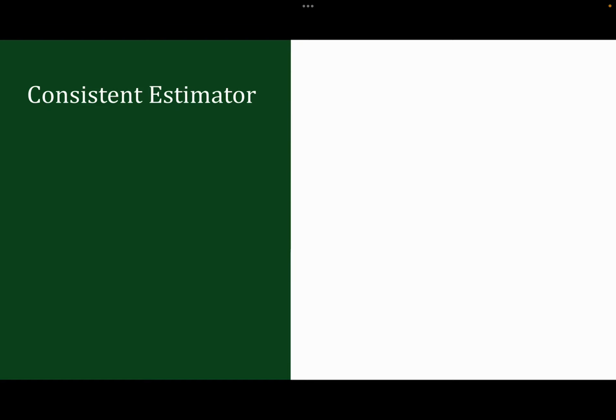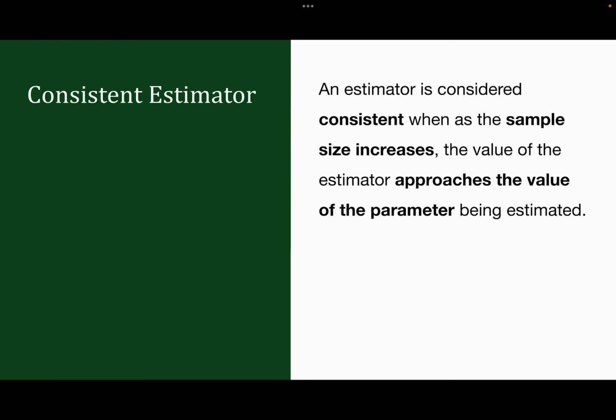The next requirement is that we want our estimator to be a consistent estimator. An estimator is consistent when, as that sample size increases, the value of the estimator approaches the population value. Meaning, if I am estimating the mean height of US adults, as I increase my sample size, that sample mean gets closer and closer to what we know the population mean is.